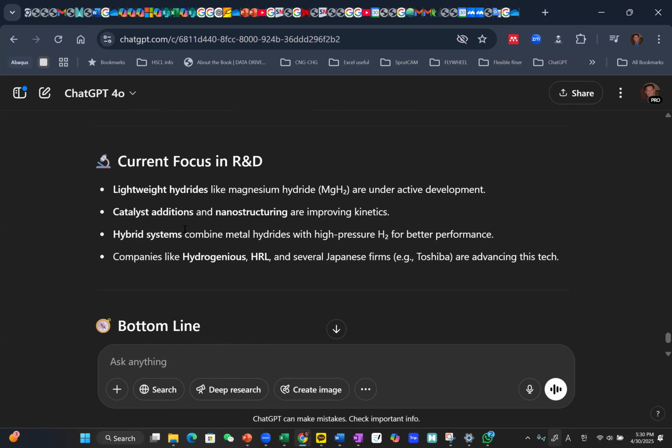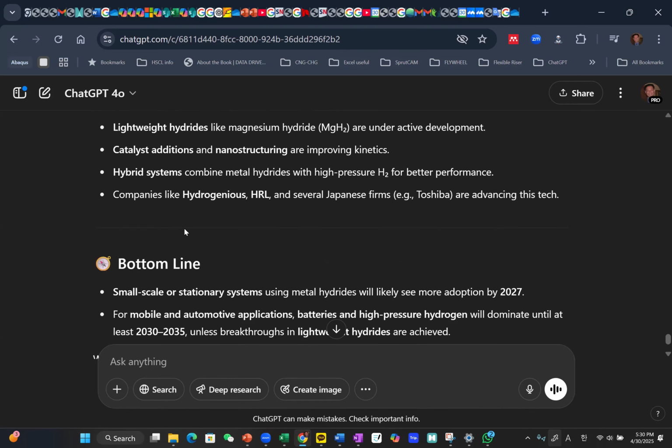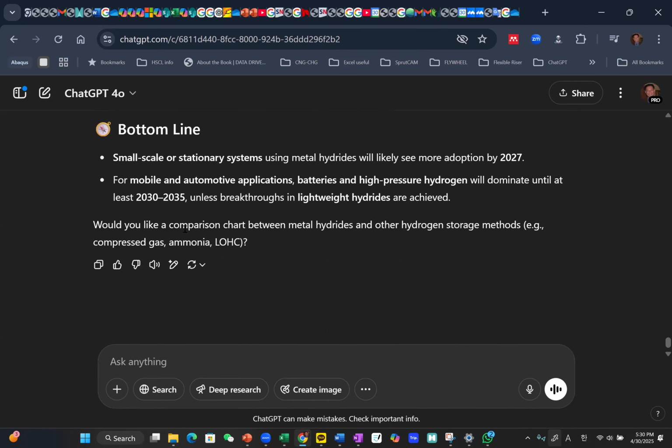So it's important to understand the characteristics of each storage technology. While they suggest that, would you like a comparison chart between metal hydride and other hydrogen storage methods, such as compressed gas, ammonia, LOHC?